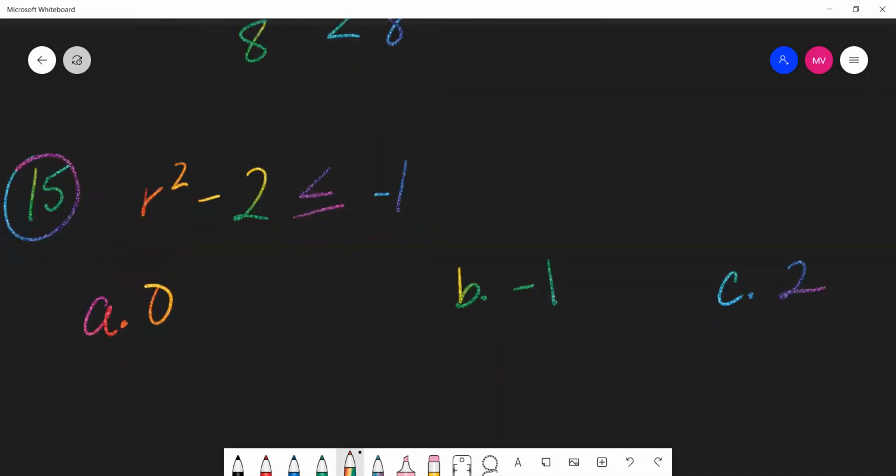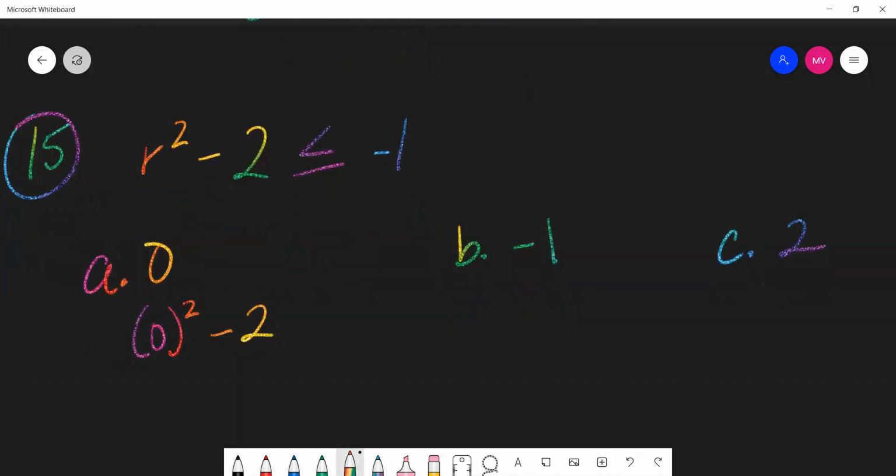Yeah. All right, so if we plug 0 in for the value of r, what's 0 times 0? It's just 0. So just ignore that. That's going to be 0. So is -2 less than -1?